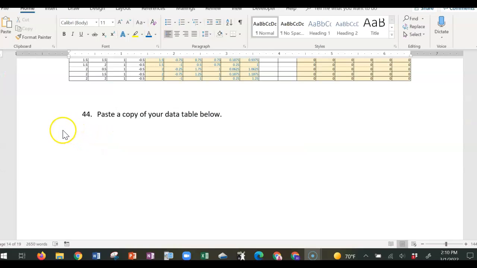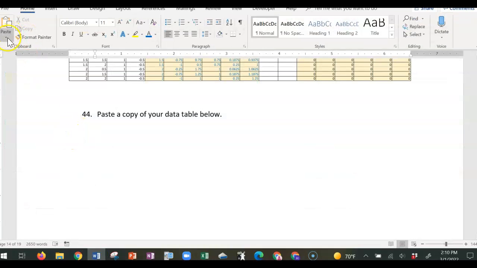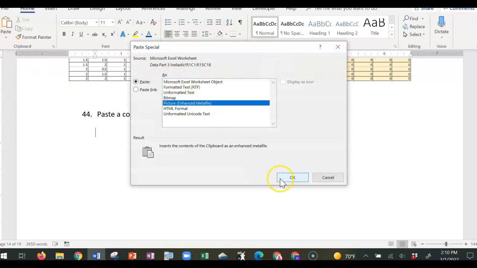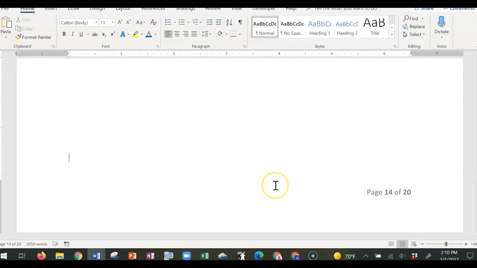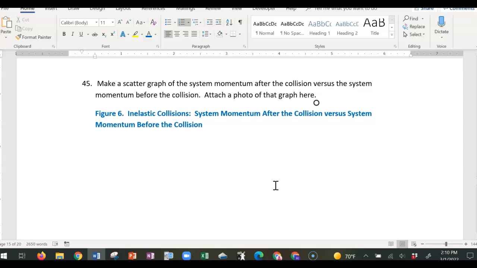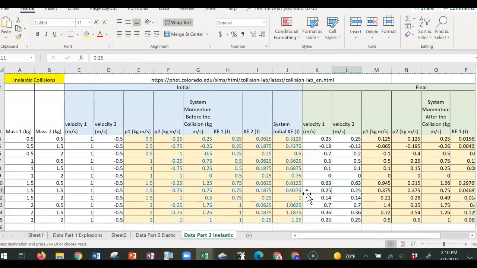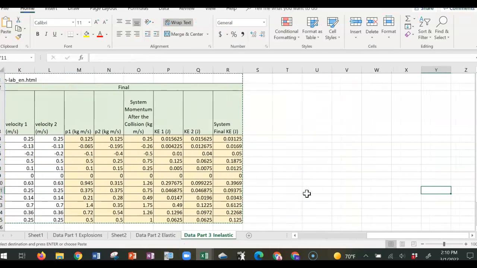After you've gotten the data, you will paste it here at step 44. So I'm just going to paste a copy of my data table. Then we want to make a scatter graph of the system momentum after the collision versus the system momentum before the collision. So I'll go to the Excel file. This did not create it automatically for me, but that's okay.